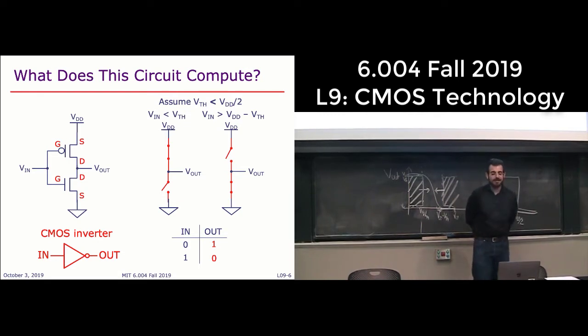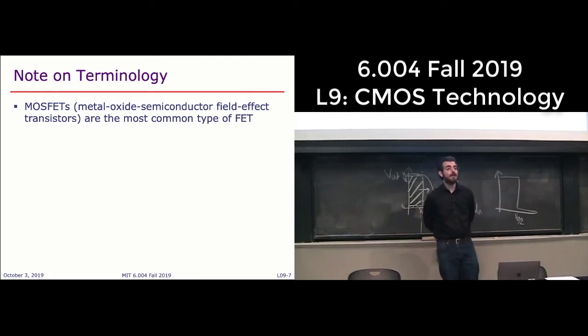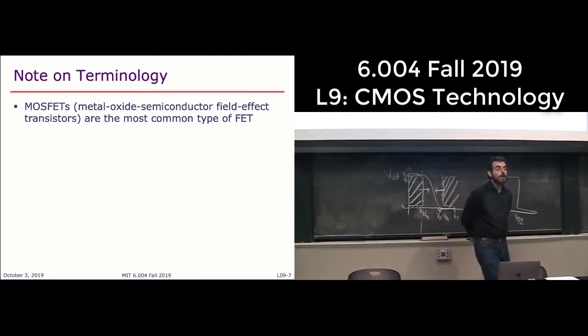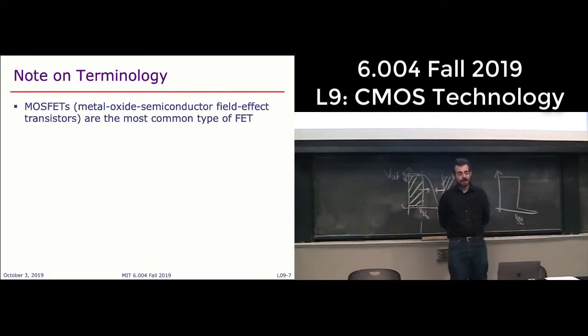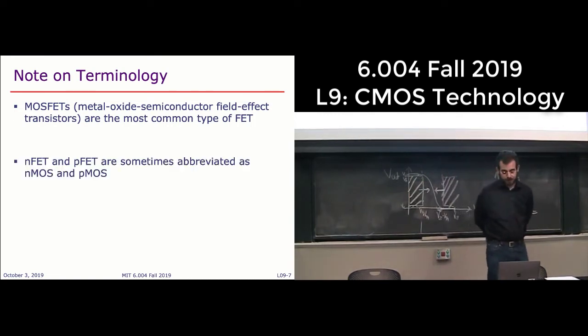Now CMOS is kind of a weird term. Let me just make a small aside on terminology. There are multiple names for field effect transistors because there are multiple types of FETs. The most common type is what we call a MOSFET, which stands for metal oxide semiconductor field effect transistor. For that reason, we'll sometimes call these NFETs and PFETs NMOS and PMOS.